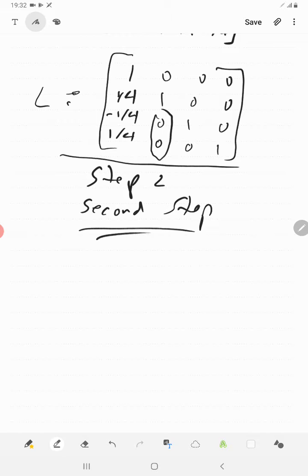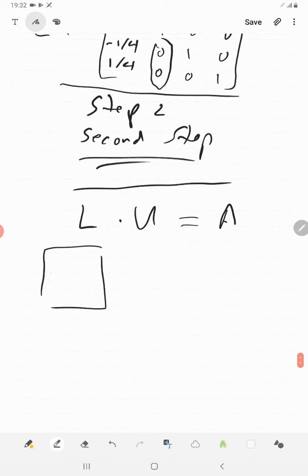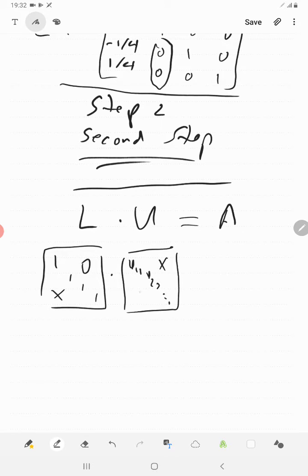So finally, if we follow this, we'll have L times U equal A. Now this is lower, 1, 1, 1, 1, and this is 0, times upper u11, u22, and so on, and 0.